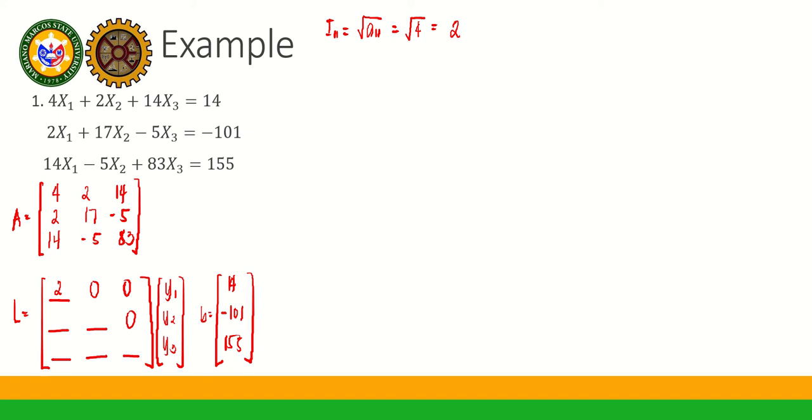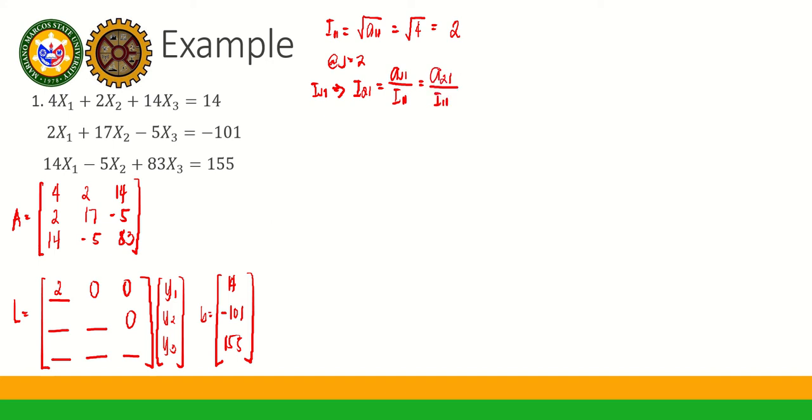Now, since nasa second row na tayo, so at j equal to 2 from l_j1. So this formula is from l_j1. So l21 is equal to a_j1 all over l11. So yung a_j1 natin, since j is equal to 2, will be equal to a21 over l11.